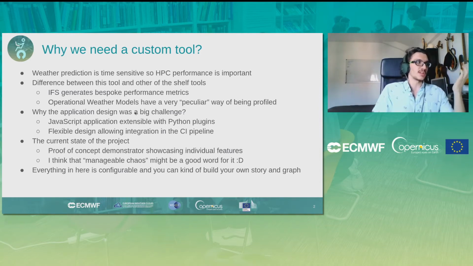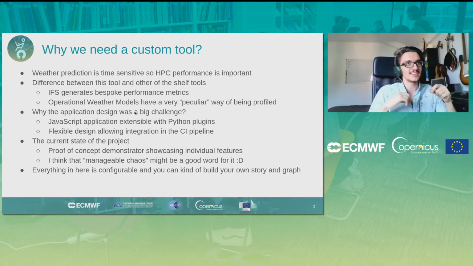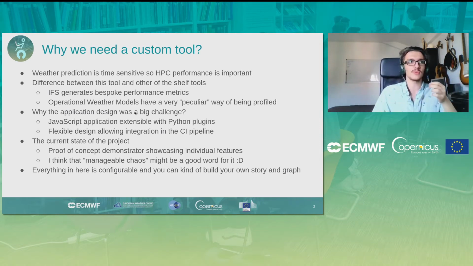One of the biggest challenges was the application design, because we wanted an application that was very beautiful, with the front end done in JavaScript, and extensible with Python plugins, because usually the people from the IFS community are researchers or people that work in performance optimization. They don't know the industry stuff, for example, JavaScript.